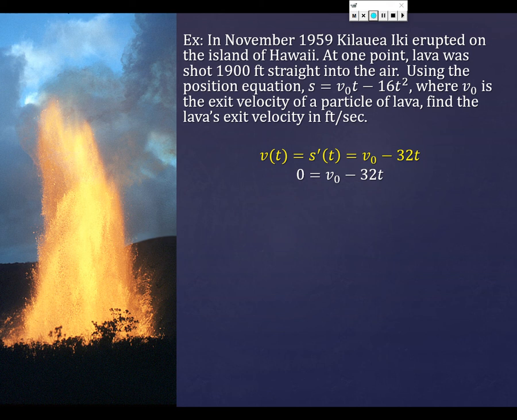So what time do we get? We get t equals V0, whatever V0 is, divided by 32. Good. We now know when it peaks. Well, now the original equation is of use to us. We still haven't even used the 1900, have we? So, let's go back to the original equation. What substitutions can we make?